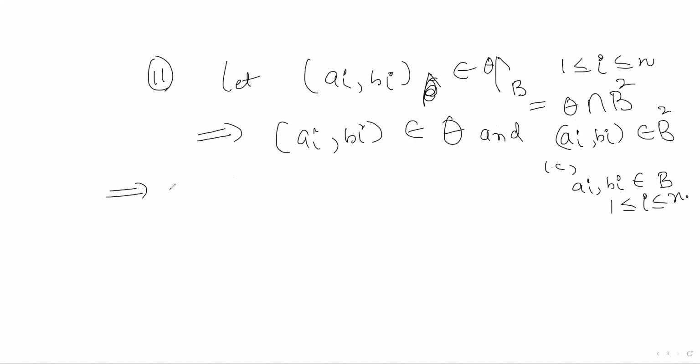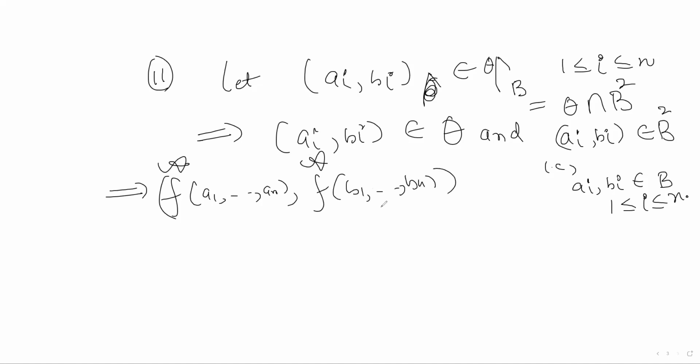So this means for any n-ary operation f, the pair f of a1 so on an, comma f of b1 so on bn, belongs to theta. Now you can take f_B here, or you can take f_A as well, no problem.